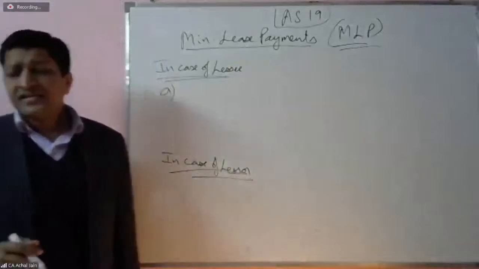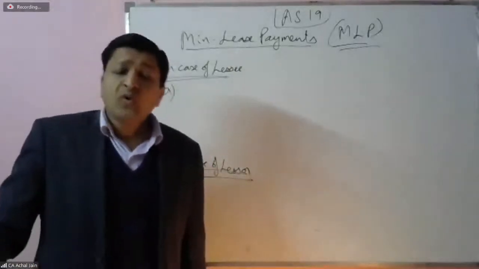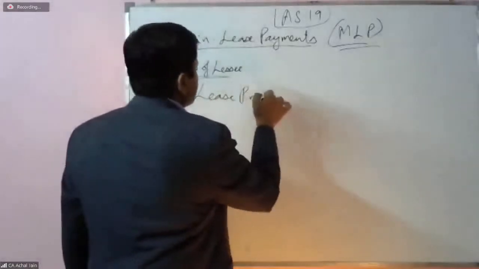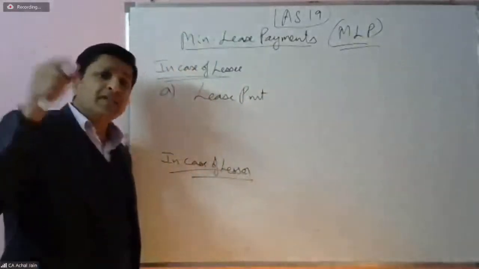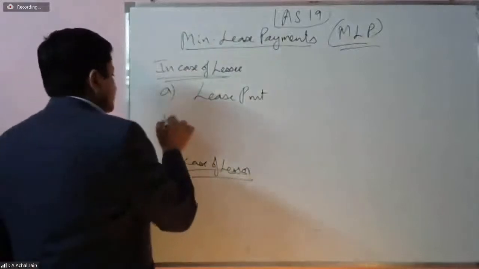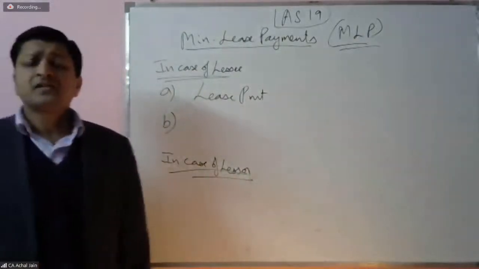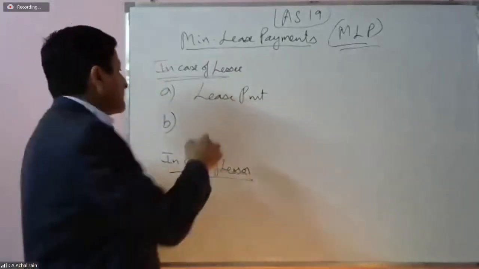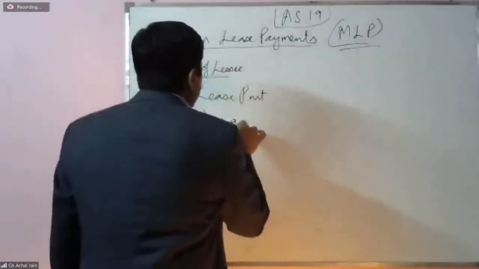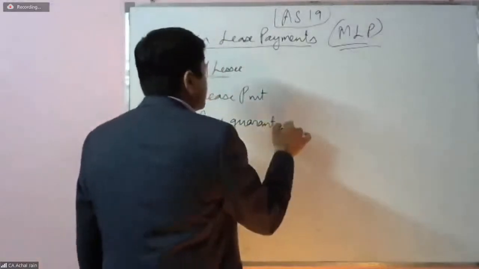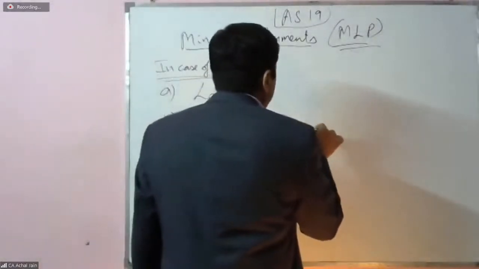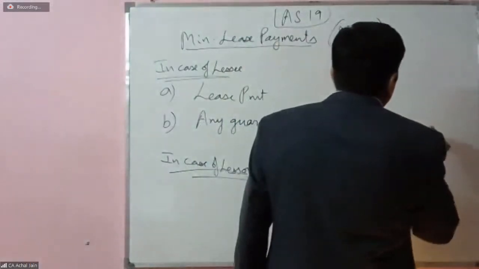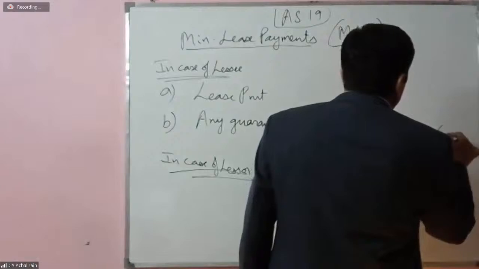So in case of lessee, what will be MLP? Lease payments which the lessee will make to lessor, plus any residual value guaranteed by or on behalf of the lessee.